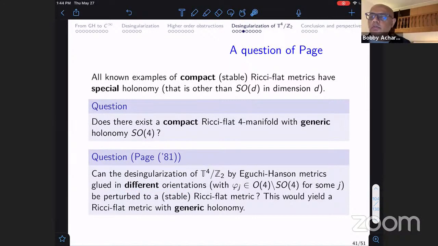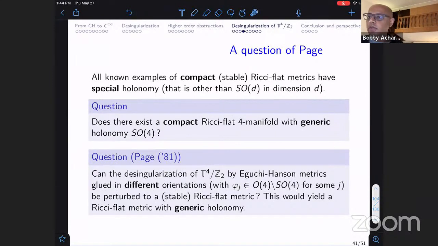Tristan, can I just add a slight clarification to the first statement? One can also consider flat metrics on quotients of tori, and for that, it's only been shown in dimension 3 that all the examples in the spin category, apart from the standard 3-torus with a parallel spin structure, are unstable.